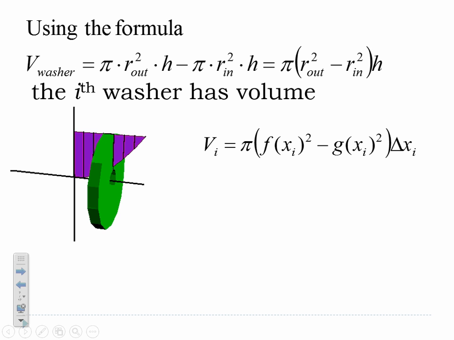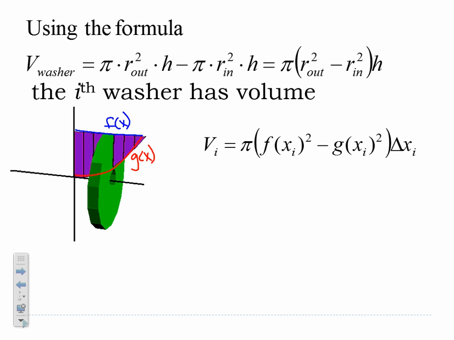Okay. Let's look at our picture. This function right here was f of x, right? And this function right here was g of x, okay? So if we think about rotating this piece of area, our outer radius is from the taller function to the x-axis, right?